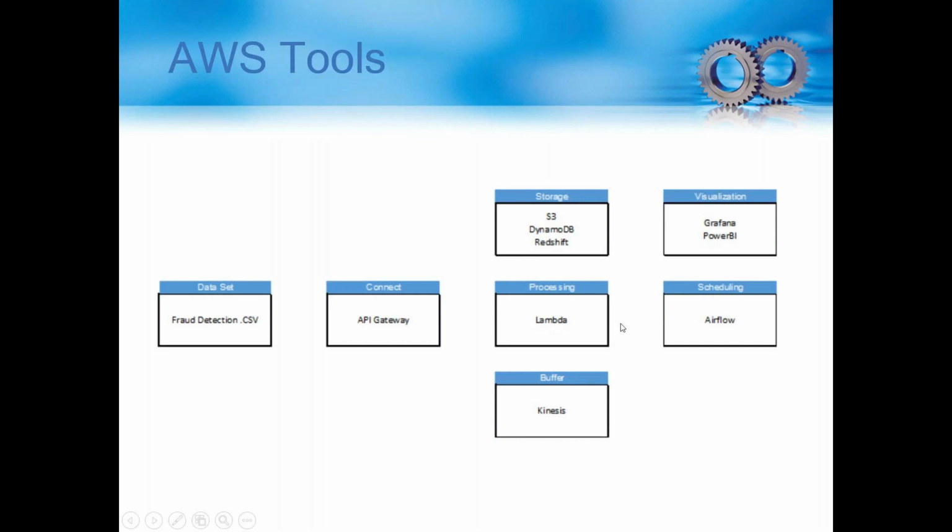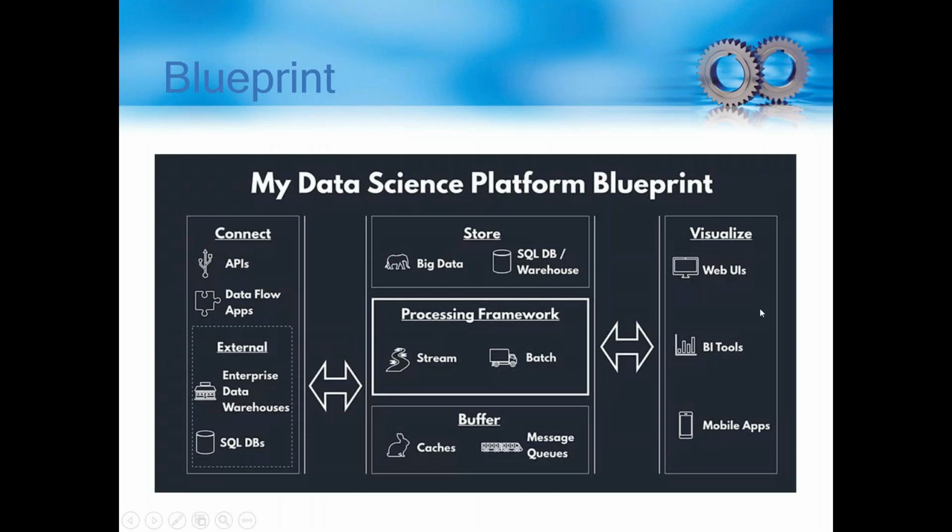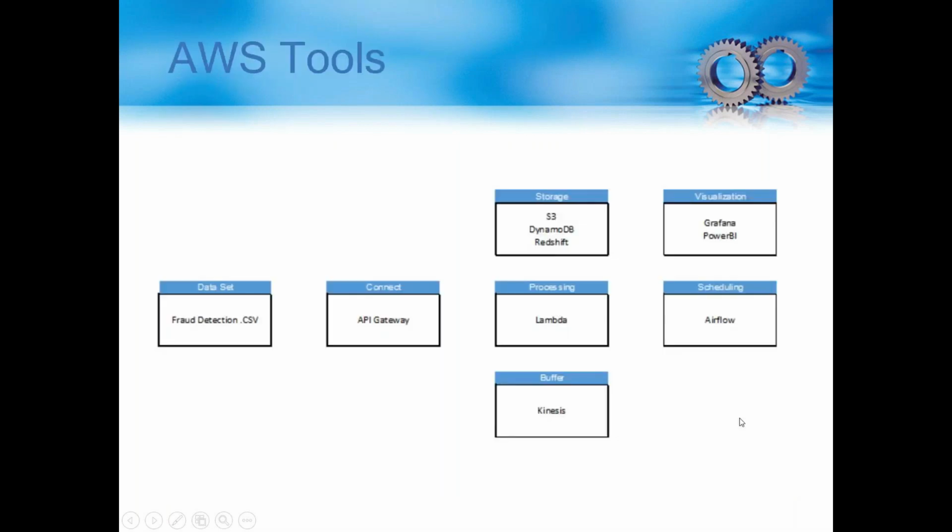And in this last phase, the visualization stage, we use web UIs or BI tools or mobile apps. Like in AWS, we have visualization tools like Grafana.